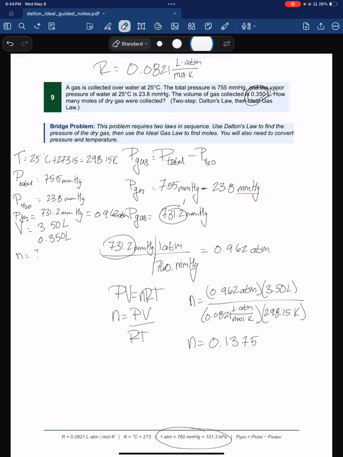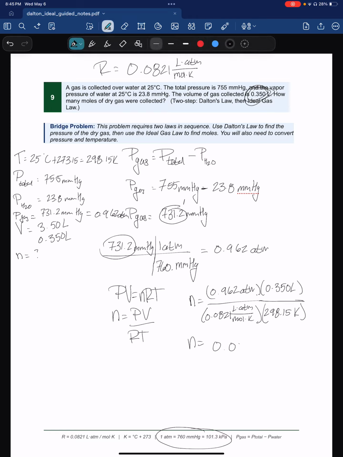That's just going to put me off by a factor of 10, so that's easy to fix. So that means this is really 0.013755.